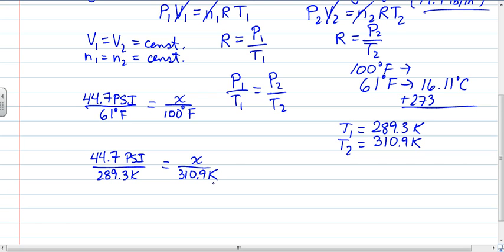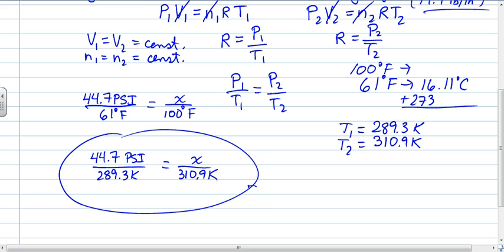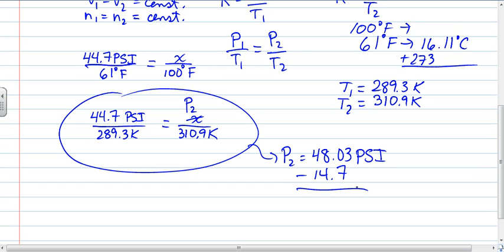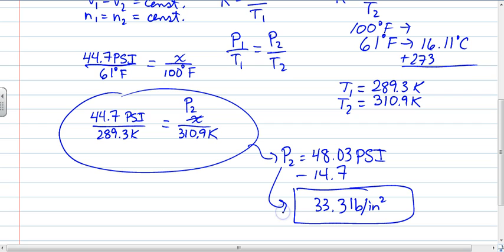So that's why this is important. We then solve this for X, so X is also our second pressure, and we find out that P2 is 48.03 psi, but now we have to subtract back out the 14.7, and so the true pressure is about 33.3 pounds per square inch, and so that's our final answer.